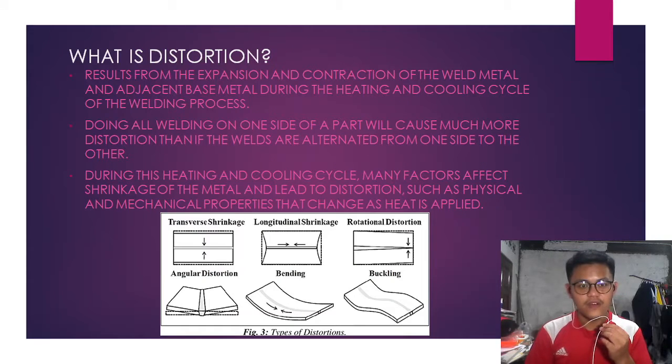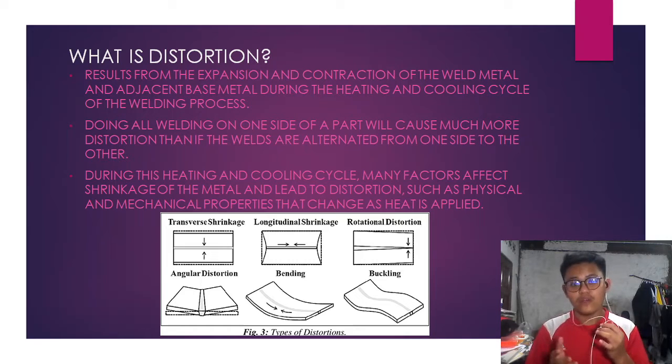Okay, what is distortion? Distortion is a result from the expansion and contraction of the weld metal and adjacent base metal during the heating and cooling cycle of the welding process.